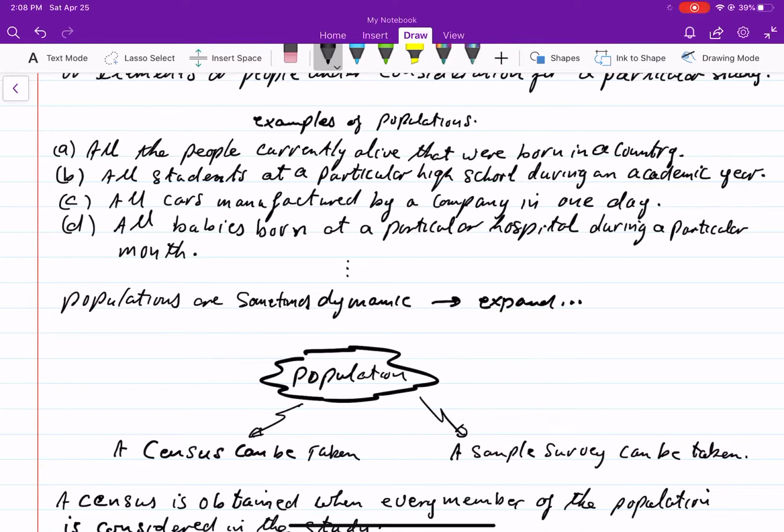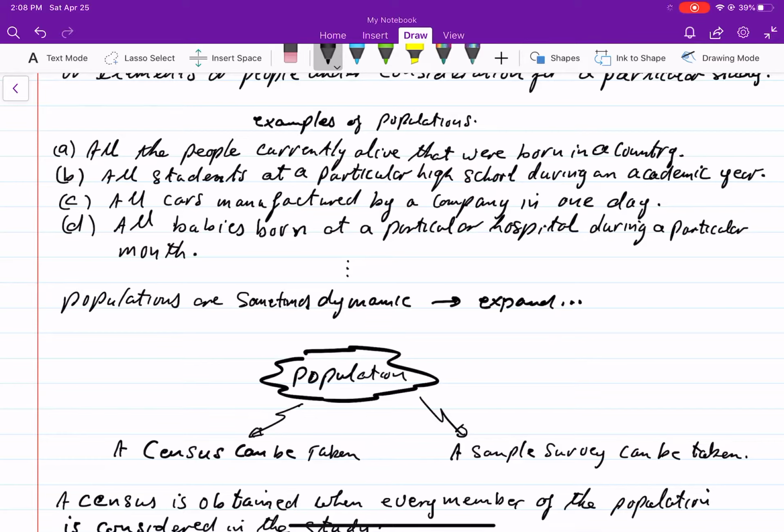So that clearly is a case in which the population becomes a little less. And maybe 1 or 2 students are added, not at the beginning of the year, but maybe sometime after the academic year starts. But it's certainly not as dynamic as, let's say, the people in a particular country.